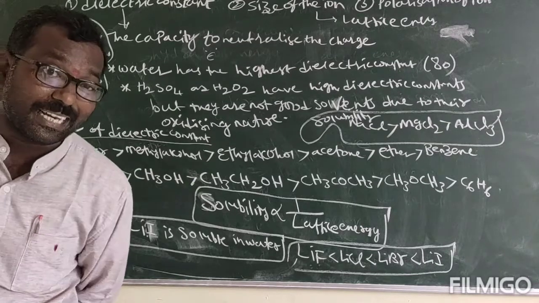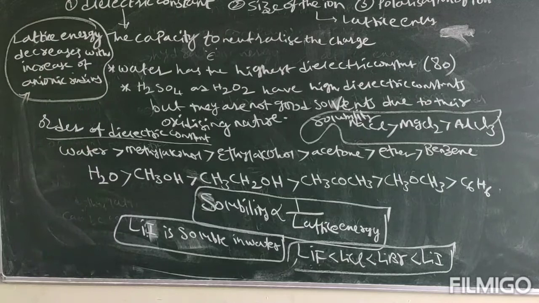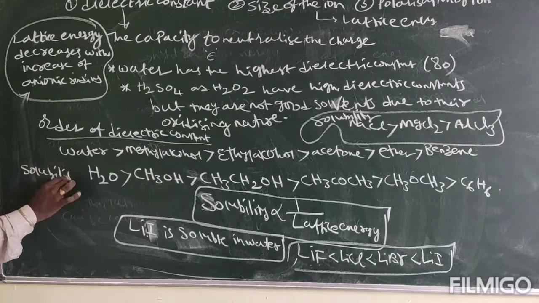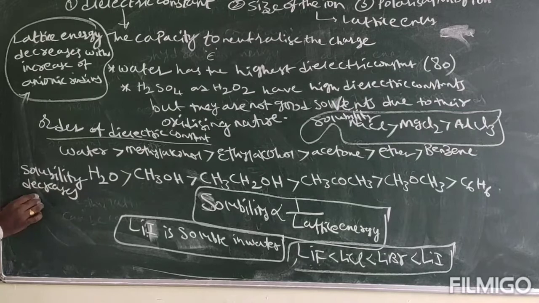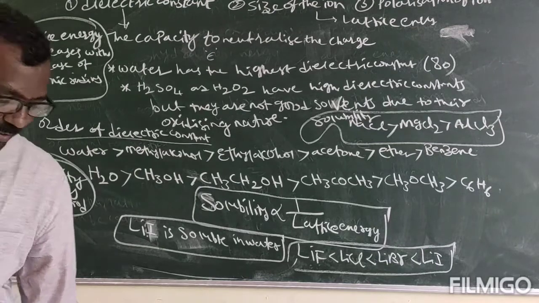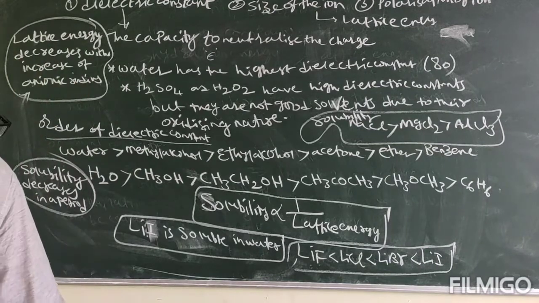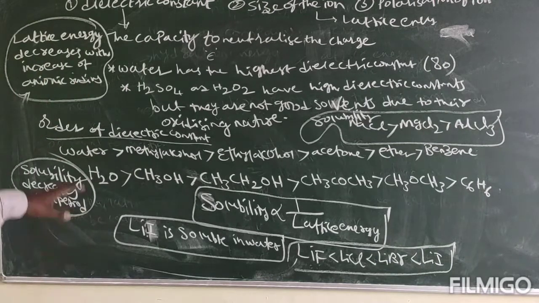Solubility decreases in a period. You can write here: solubility decreases in a period. When you move across, solubility will be decreasing. That is the case.